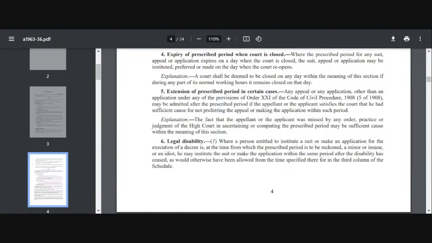You can go for a pauper's appeal or pauper's application. And negligence of the pleader or the clerk is also not a sufficient cause. So bona fide mistake is okay, but negligence is not okay. It is up to the court to decide whether your cause is sufficient or not, and to give you the extension. Completely the discretion of the court, right?